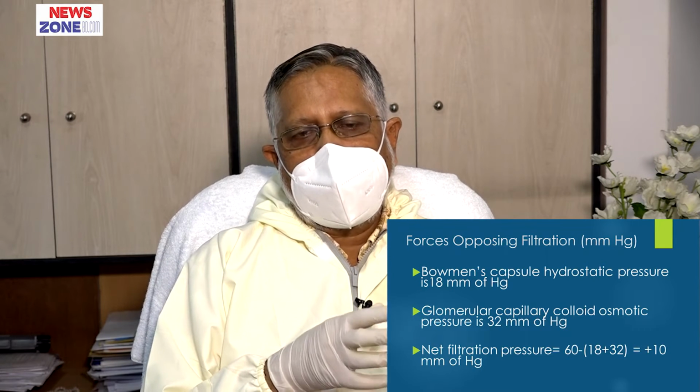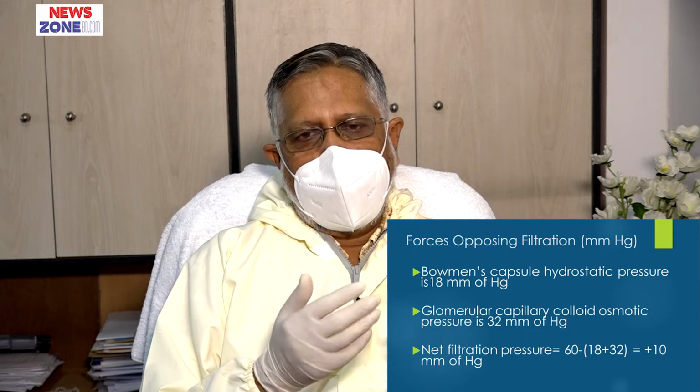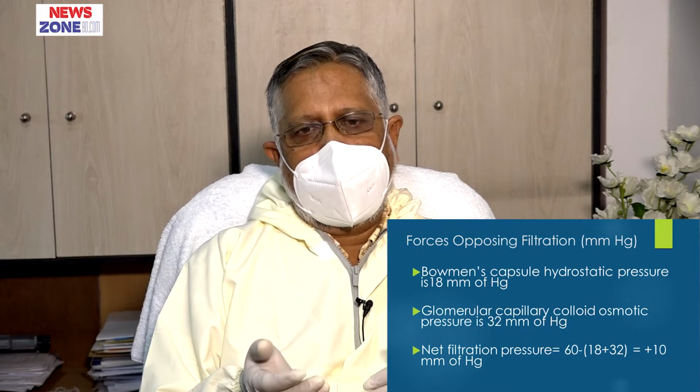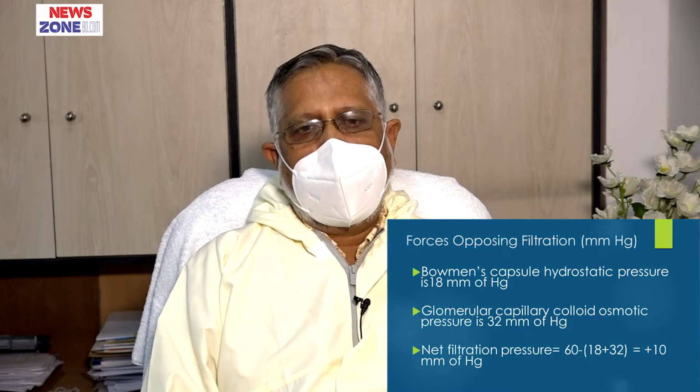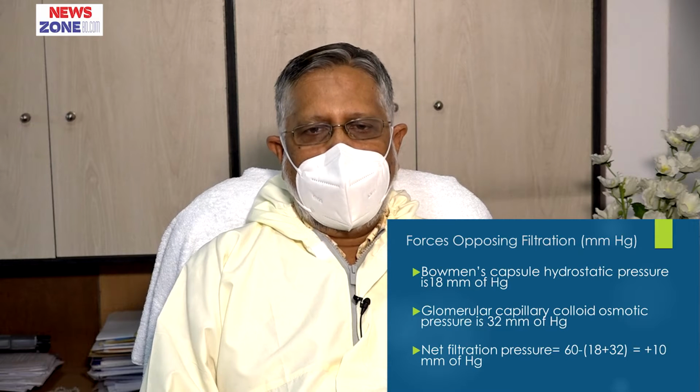So if we subtract 50 from 60, the net glomerular filtration pressure will be 10 millimeters of mercury.